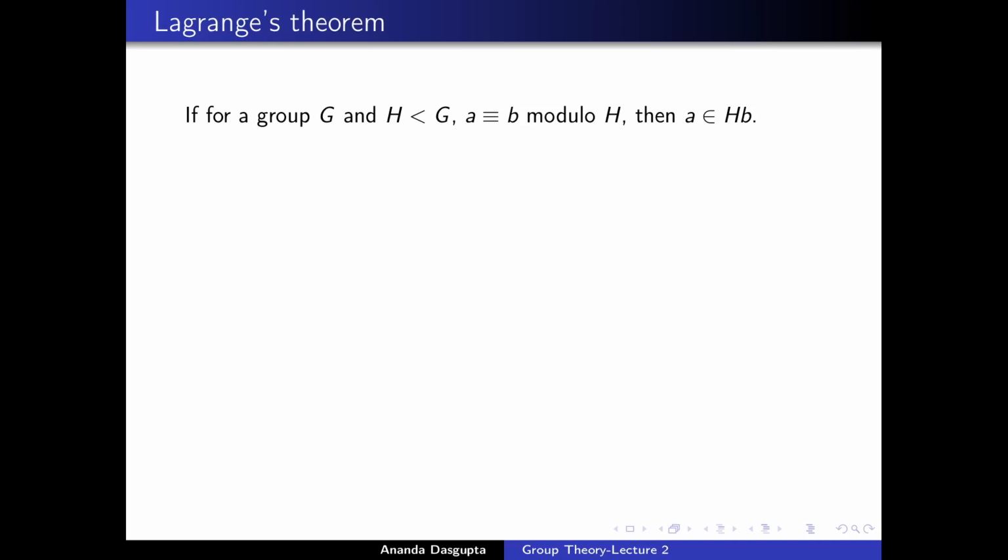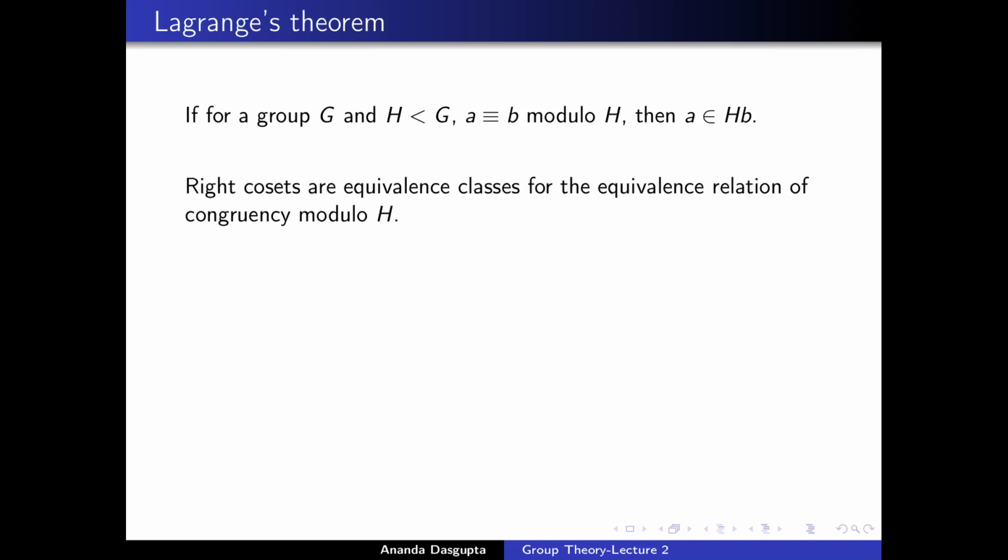And a very little thought will show you that the right cosets are equivalence classes for the equivalence relation of congruence modulo H.